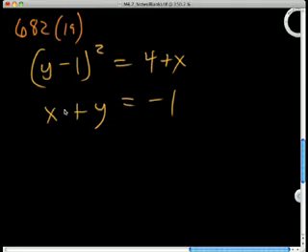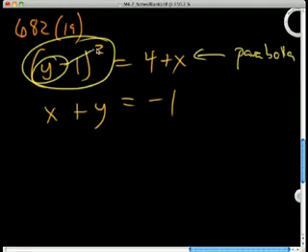All right, so let's consider this system. This first equation appears to be a parabola. The reason I suspect that is because I've only got a single variable being squared. There are no x's ever going to be squared in this equation.